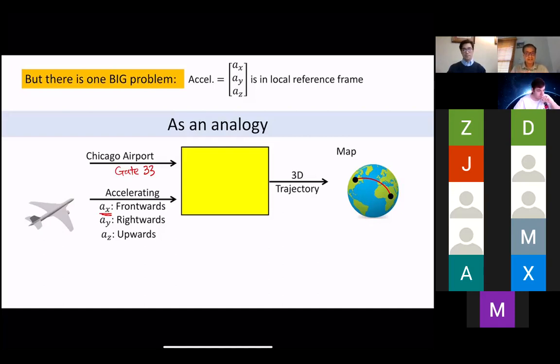We said that one approach is simple: you double integrate acceleration, that gives you displacement. So initial location plus double integration of acceleration should take you to the location of the plane right now. But that does not work. Why? Why does that not work? Someone?